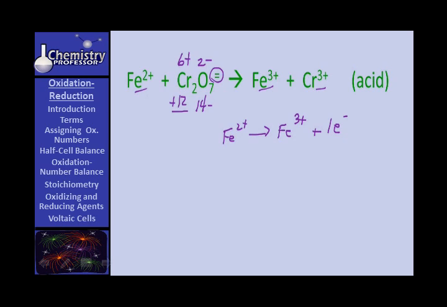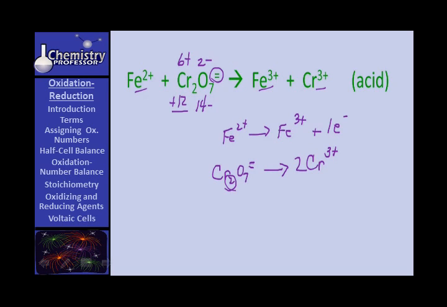Let's go to chromium. Chromium occurs in the dichromate in this problem. And it's going from dichromate to the chromic ion. Now, folks, this is really important also. See that 2 right there? You've got 2 chromiums on this side.